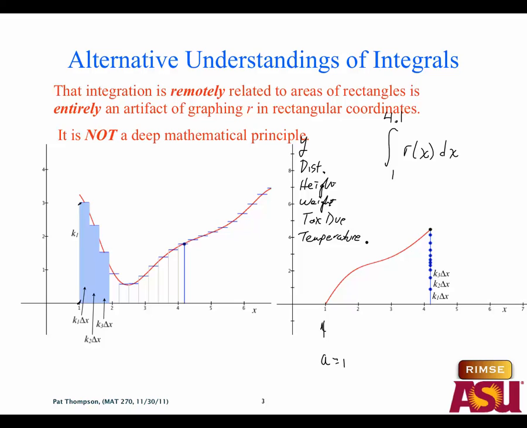It's just the fact that we're in rectangular coordinates that these little bits of accumulation incidentally become areas of rectangles. Okay? But in traditional calculus over the years, this idea of integral meaning area or area of rectangles has become the focus.